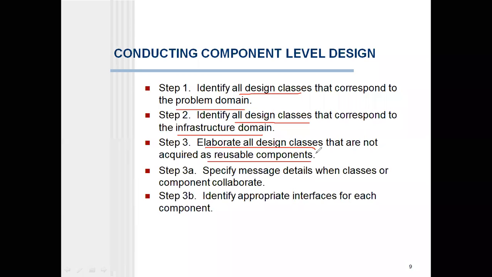And also it must include the cohesion and coupling concepts. What is cohesion and what is coupling here? Cohesion means you need to represent, or encapsulate, the data members and member functions related to a class.